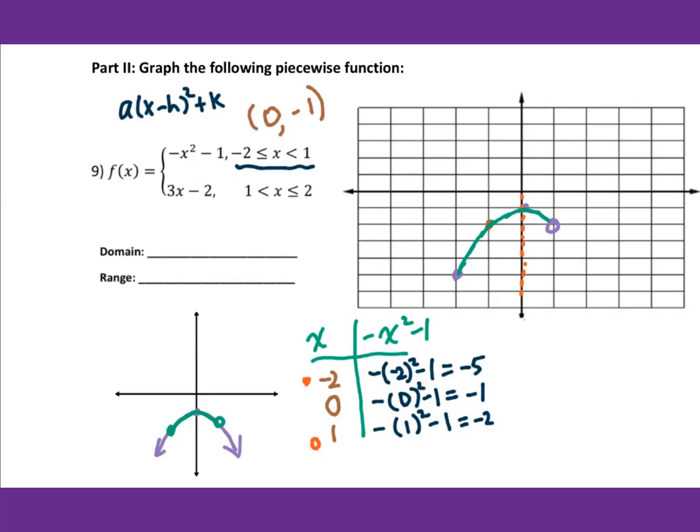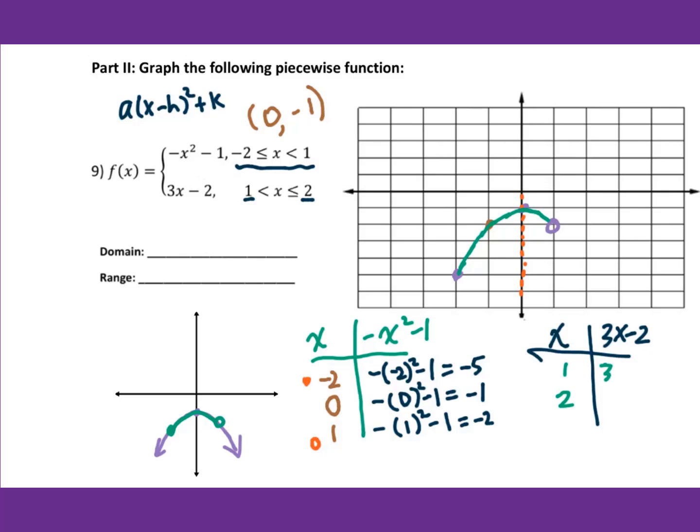Now let's go to the second piece. This is a linear function. Basically, we just need 2 points. You are given 2 boundaries, so you have to use these 2 points. Here's x, 3x minus 2. Then 1 and 2.